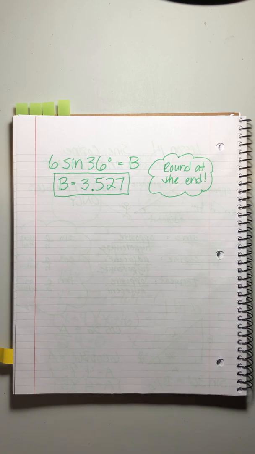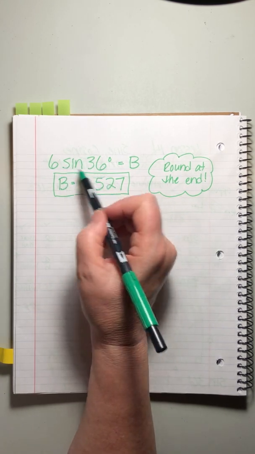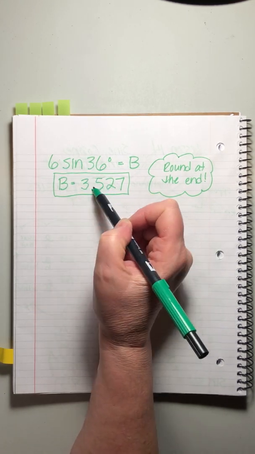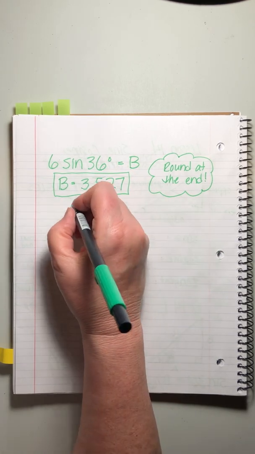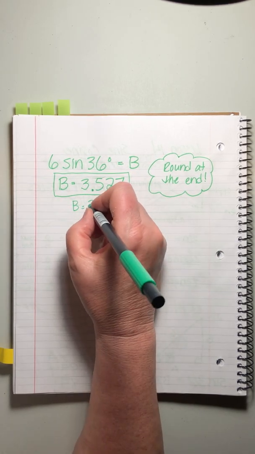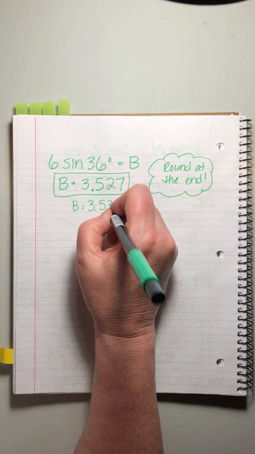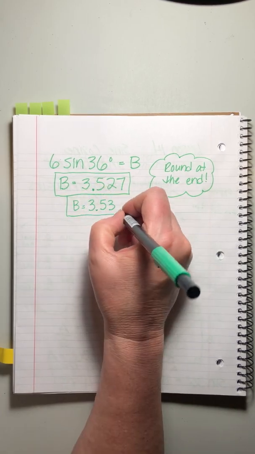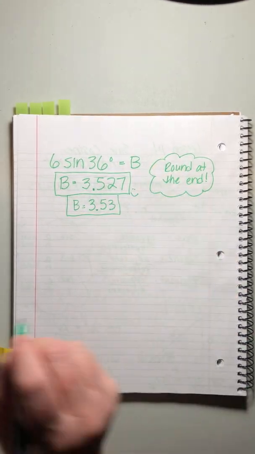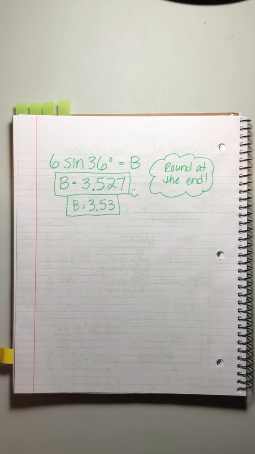No bueno, don't do that. Just keep all the numbers in your calculator and round at the very end. And this we would round to B equals 3.53 if we wanted to go to 2 decimal places.